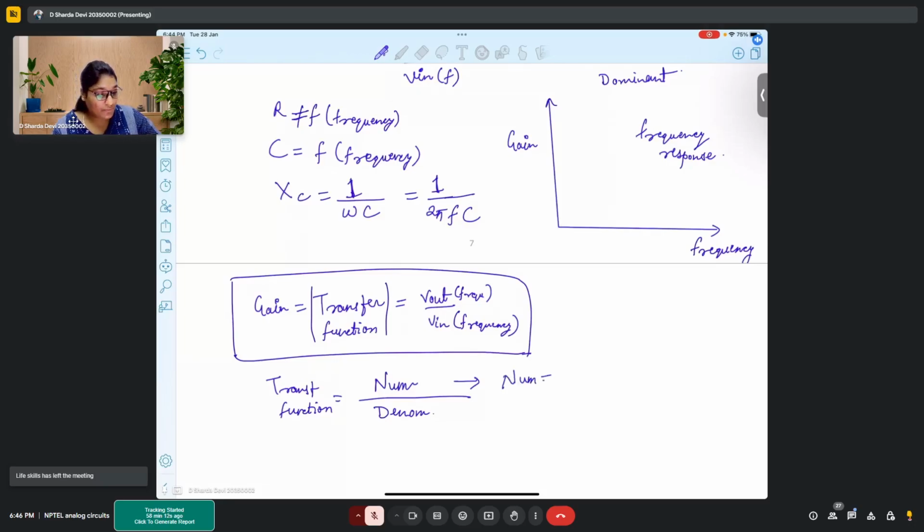You put your numerator to 0, right? Then you'll find its roots. What will be the value of these roots? If V out is a function of frequency, what is the variable over here?